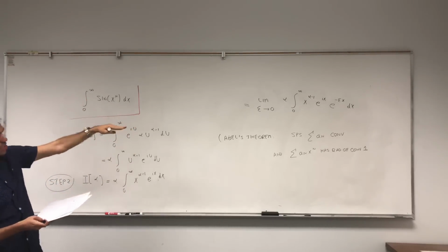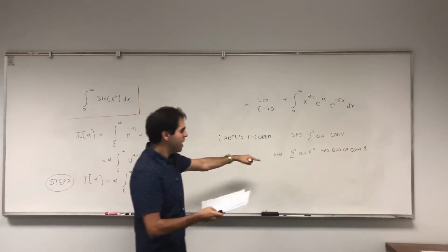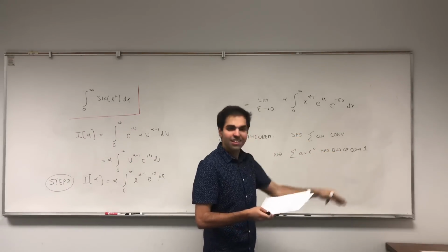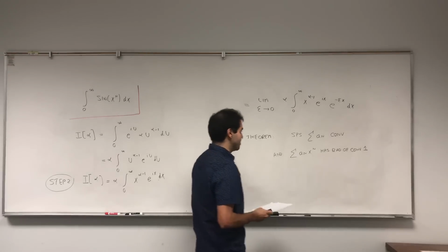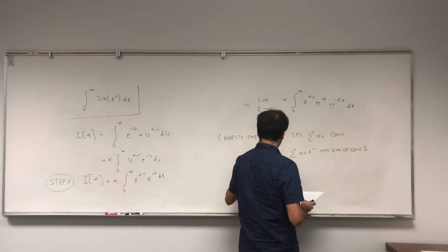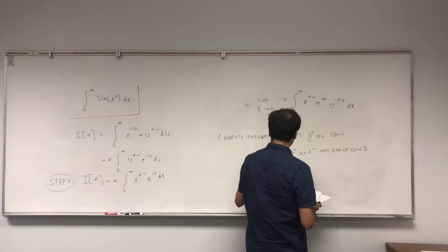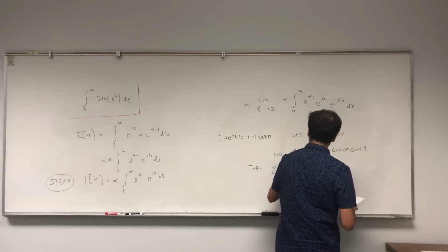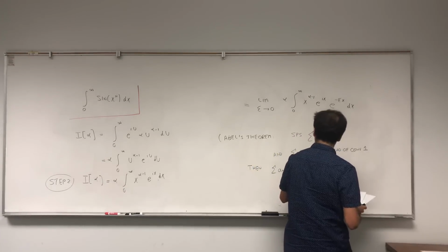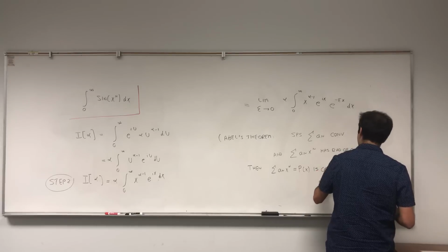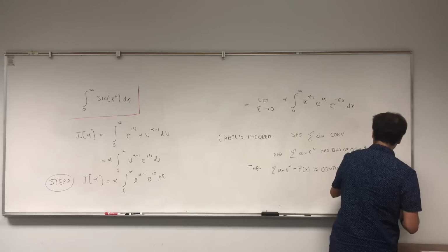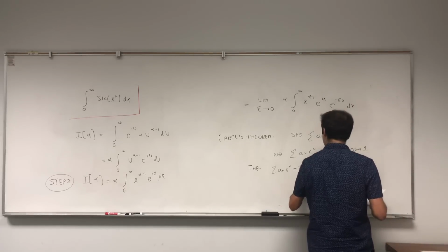But what's more interesting is, if you let x go to 1 from the left, then it's still continuous. Then this series, the sum of a_n x to the n, let's call it p of x, is continuous at x equals 1 from the left.